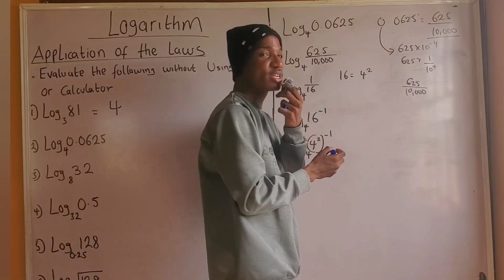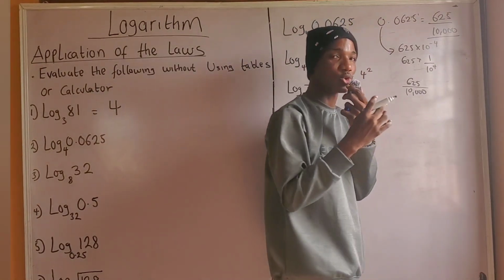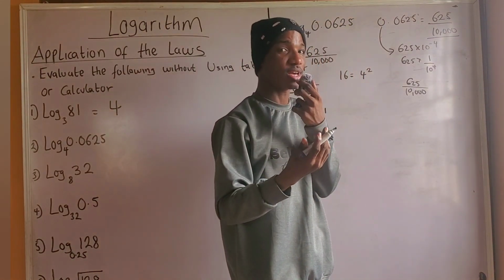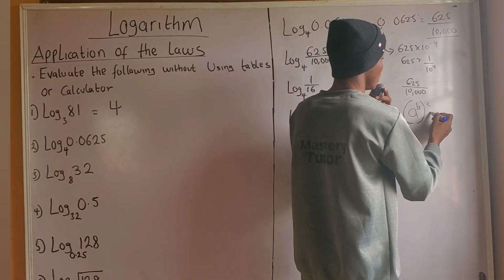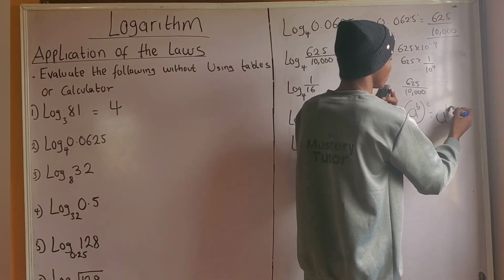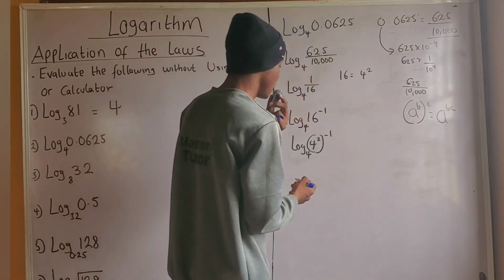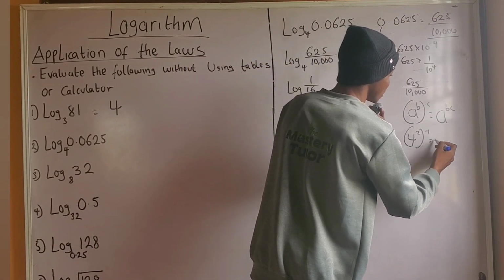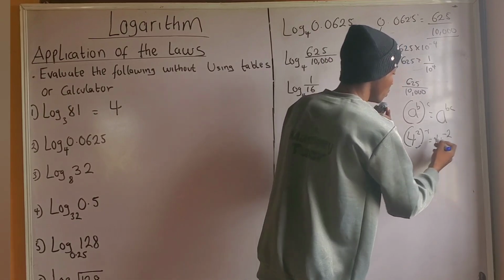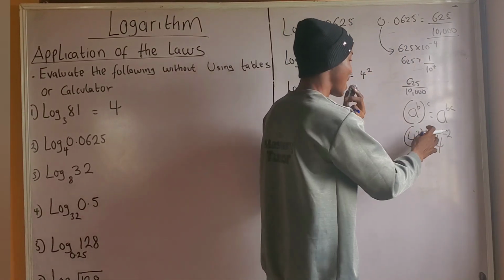Are you getting it? Now, listen to me carefully. According to the law of indices, I told you indices and logarithm are interwoven. So, if you have a raised to the power of b raised to the power of c, this can be written as a raised to the power of b times c, right? So 4 raised to the power of 2 raised to the power of negative 1 can be written as 4 raised to the power of negative 2, because 2 times minus 1 gives me minus 2.